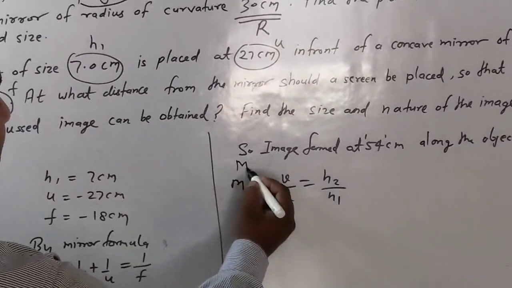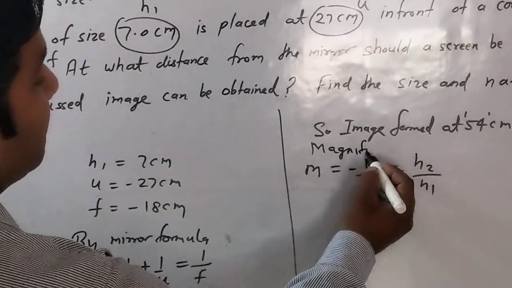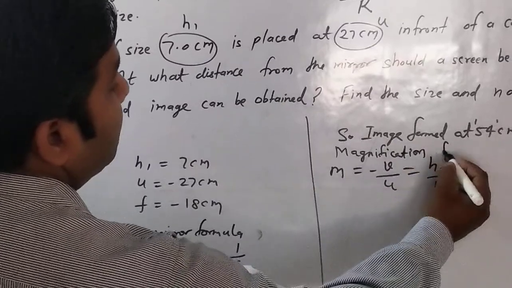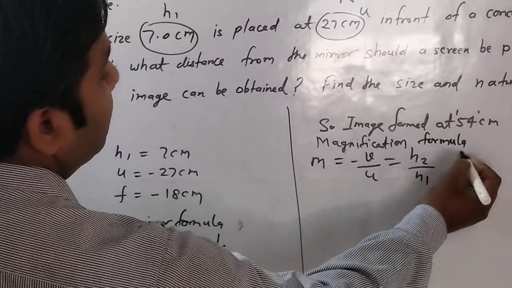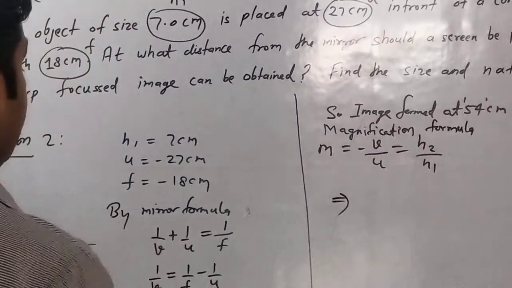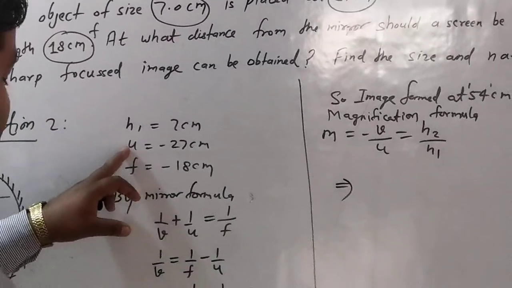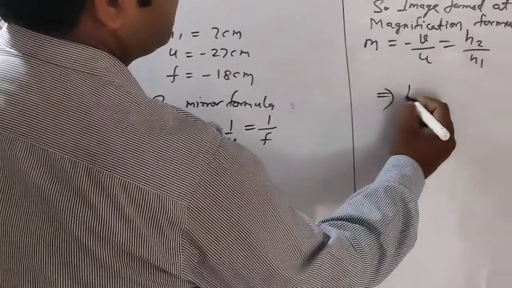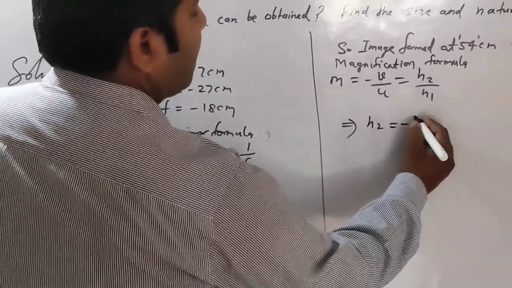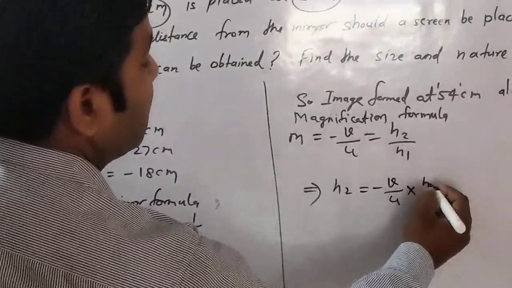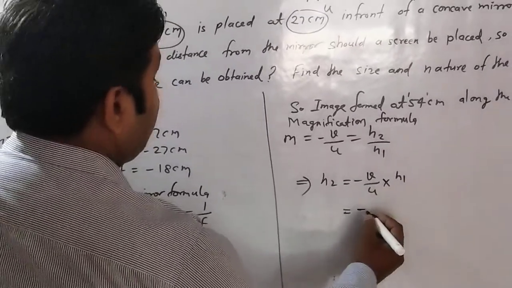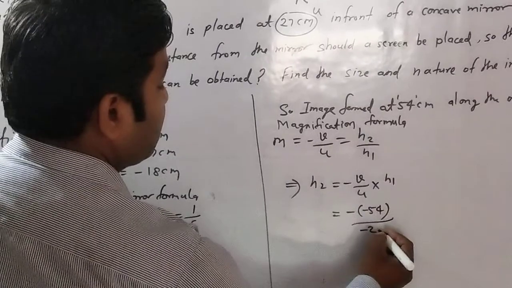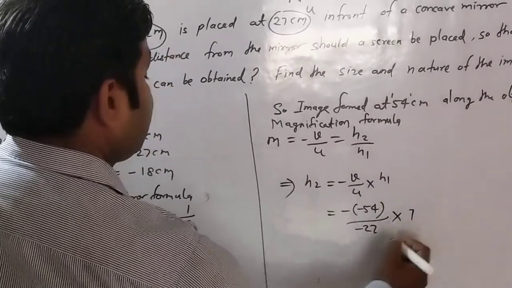This is the magnification formula. Magnification here u is given and v just obtained, h1 is also given, so we have to calculate what? h2. h2 is equal to minus v upon u into h1. v value, that is minus 54, and u value minus 27, and h1 value 7.